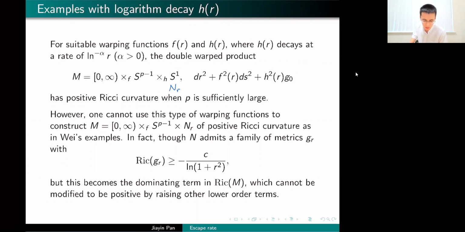But when you're doing this warped product, this term actually becomes the dominating term inside Ricci of M, so that one cannot construct one with a fundamental group that is torsion-free nilpotent but still with positive Ricci curvature, if you want to use this logarithm decay function.